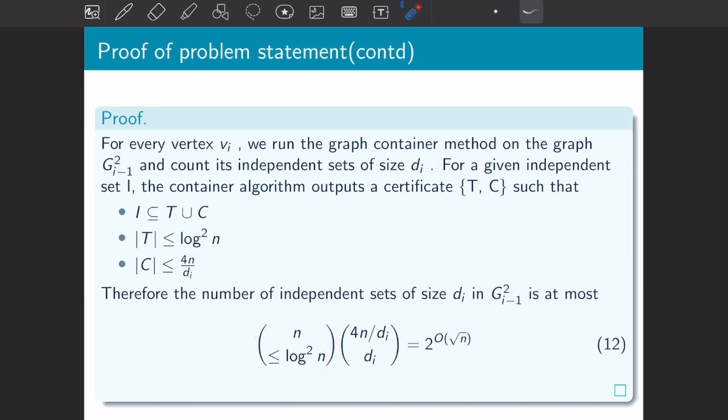And for a given certificate, we have our container, and in the container we have an independent set of size di. The number of ways in which we can select that independent set is going to be the cardinality of the container choose log di.